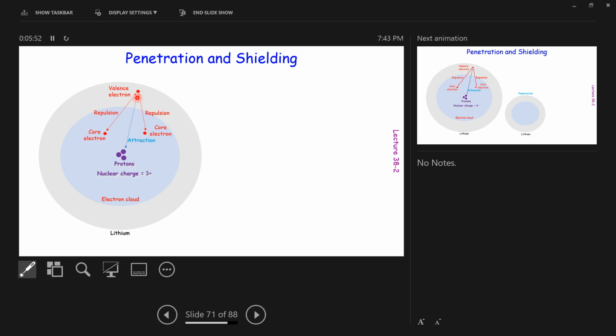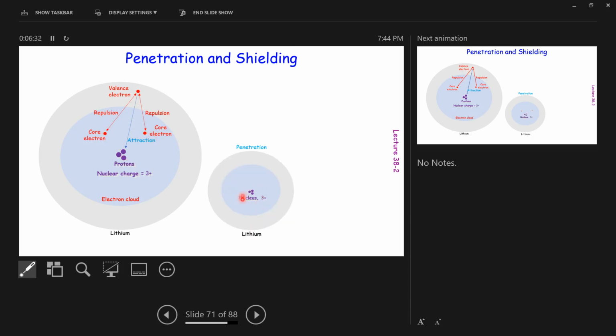However, this negatively charged valence electron is actually attracted by the positively charged nucleus. Therefore, this is called attraction. However, this attraction is weakened by the shielding of the core electrons.